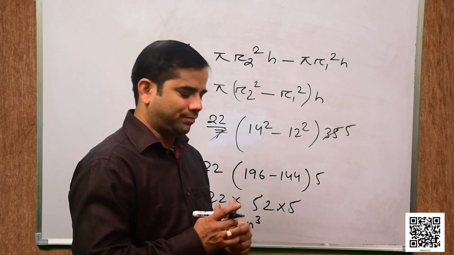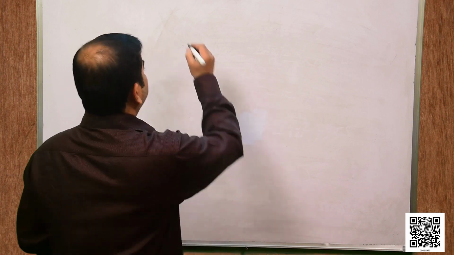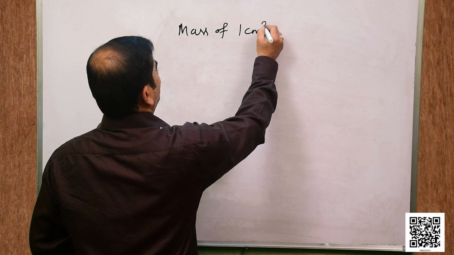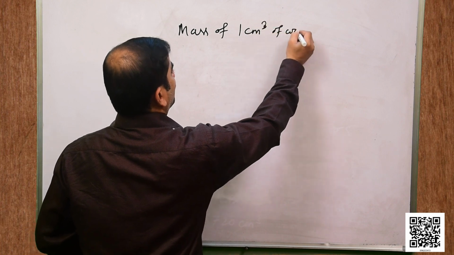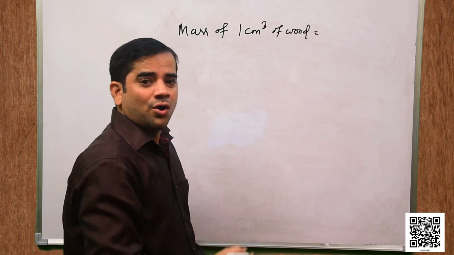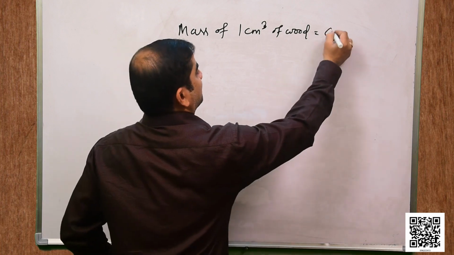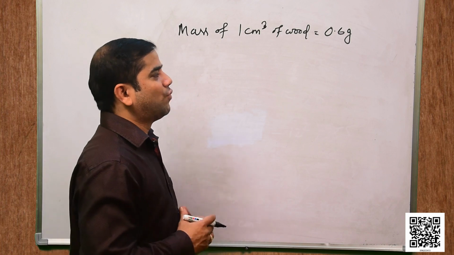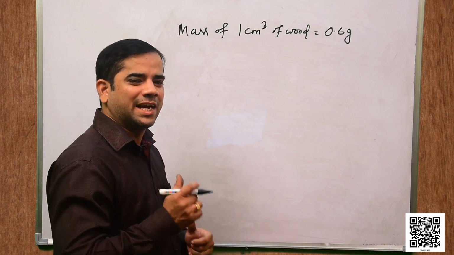As per the given data, mass of 1 centimeter cube of wood is equal to 0.6 gram.